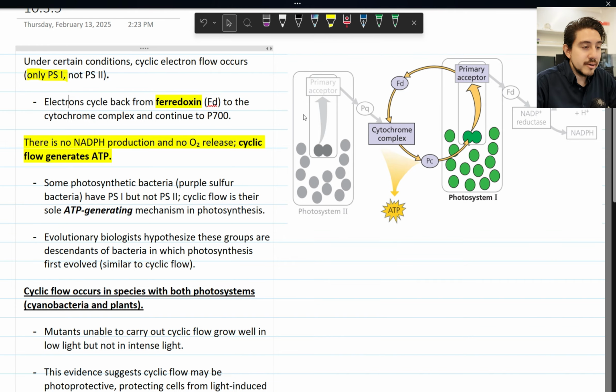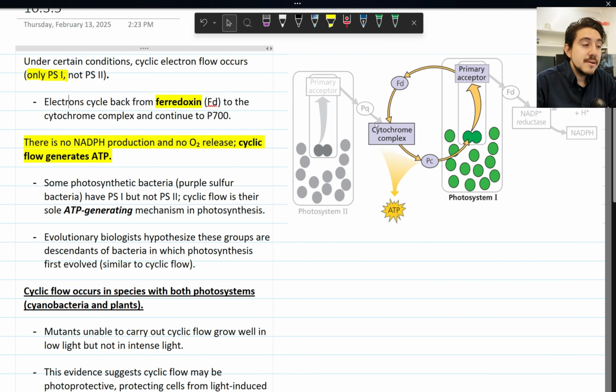So, in our story here, where electrons are passing down, let's say electrons go inside photosystem 1 already. And what happens here is that the P700 chlorophyll A excites the electron and it goes to the primary acceptor. But instead of ferredoxin moving it to NADPH, ferredoxin will shuttle it back to the cytochrome complex.